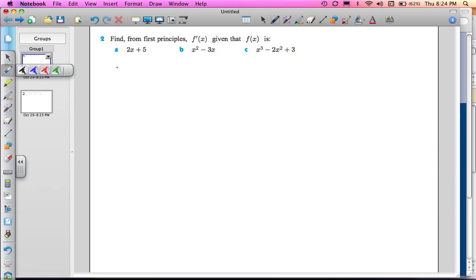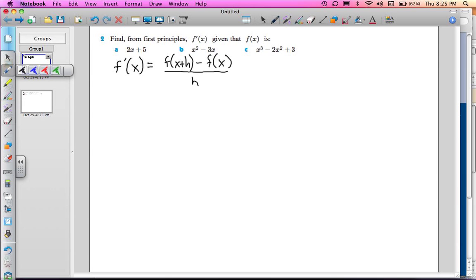So, find from first principles f prime of x, given that f of x is this. Just to remind you, f prime of x is f of x plus h minus f of x, all over h.